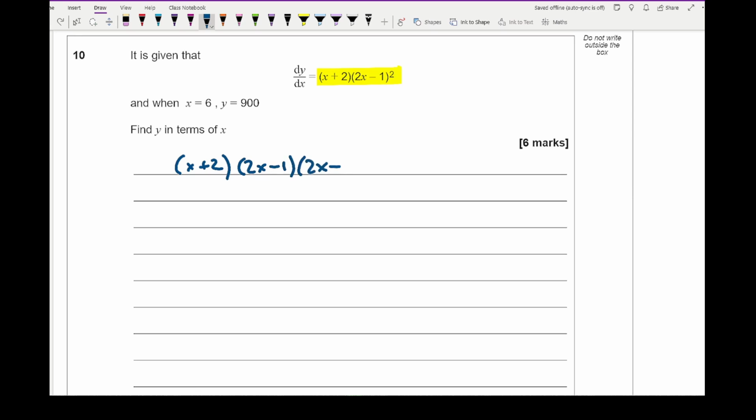However which way you want to expand this, what you should end up with is 4x cubed plus 4x squared minus 7x minus 2. So that is what dy over dx equals.